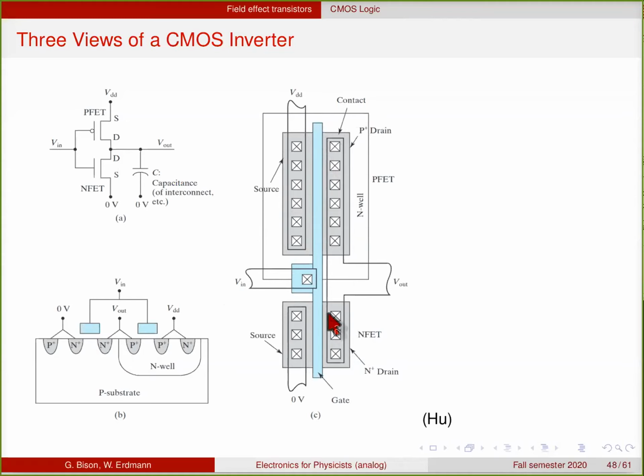The channel is now basically going perpendicular to this gate from source to drain, and the same thing here from source to drain here. And this part will be connected to the supply voltage, and this one will be connected to ground. And here's the output, which is the common node of these two transistors. So this is the simplest possible gate, the NOT gate.